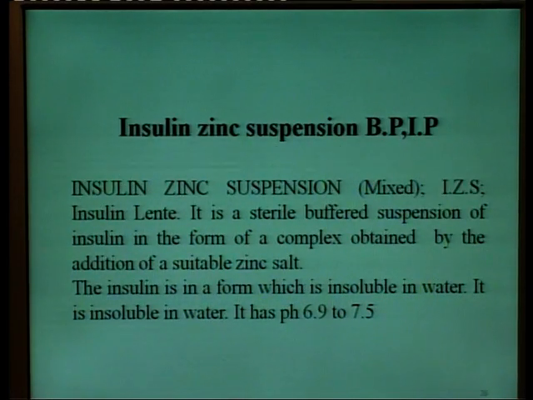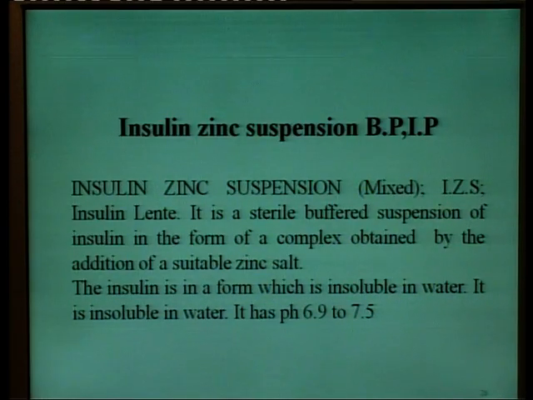Insulin zinc suspension, that is in BP and IP, both pharmacopoeias, so it is official in both. A common name is insulin zinc suspension mixed, also called IZS, insulin zinc suspension, or another name, insulin lente.